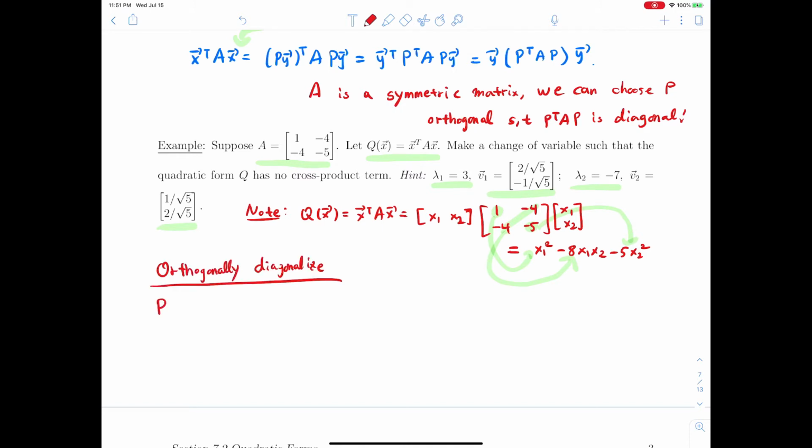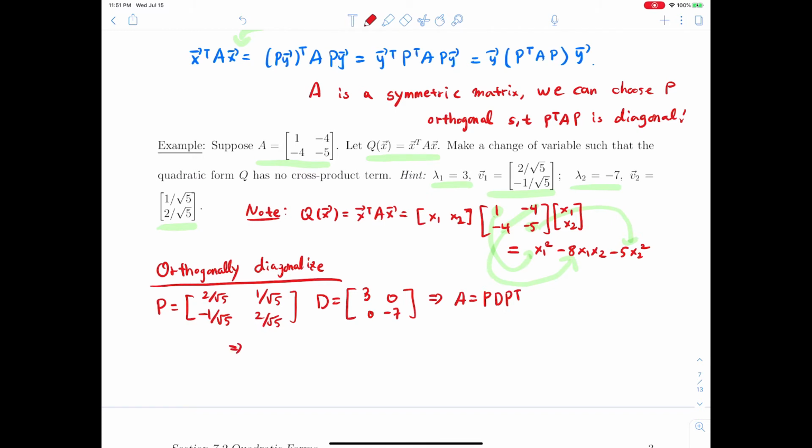then we have P equals 2 over square root of 5, negative 1 over square root of 5, and 1 over square root of 5, 2 over square root of 5, and D corresponds to the matrix of eigenvalues. So it should be 3, 0, 0, negative 7. Then we have A equals P D P transpose.